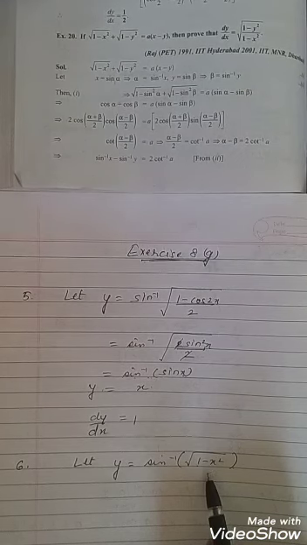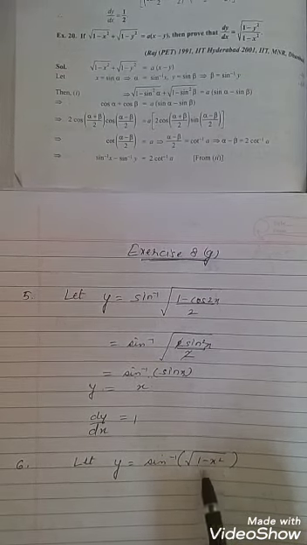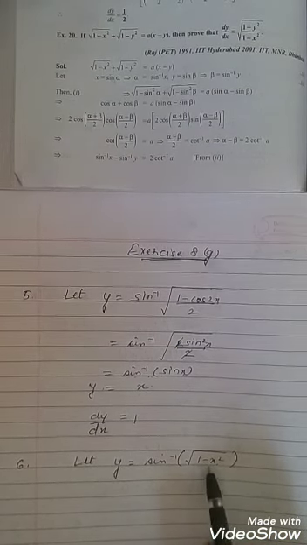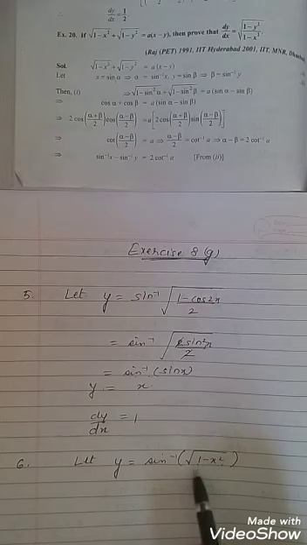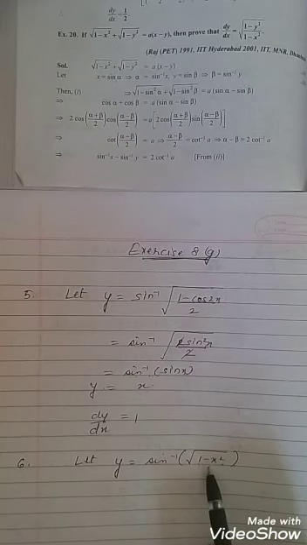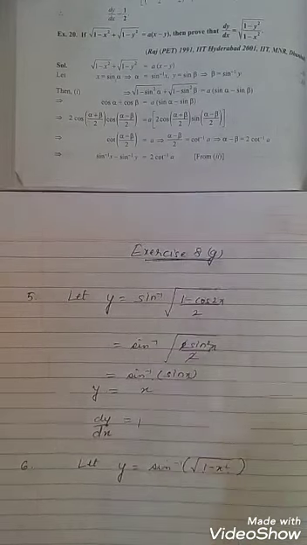It's up to us to decide what to substitute. If I put sin square theta here, I get 1 minus sin square theta, which gives cos square theta, and the square root of cos square theta gives cos theta. So sine inverse cos theta is not going to help. So we'll put x equals cos theta.